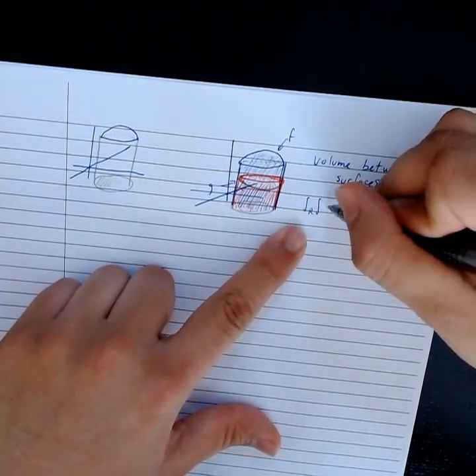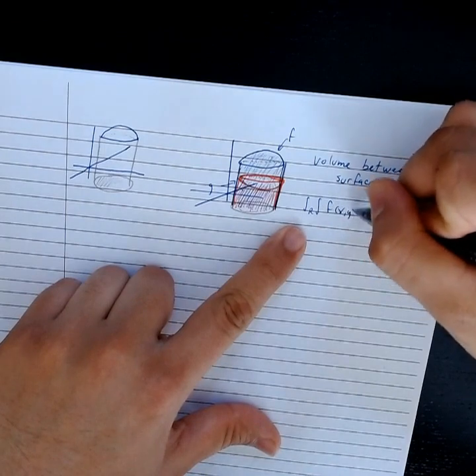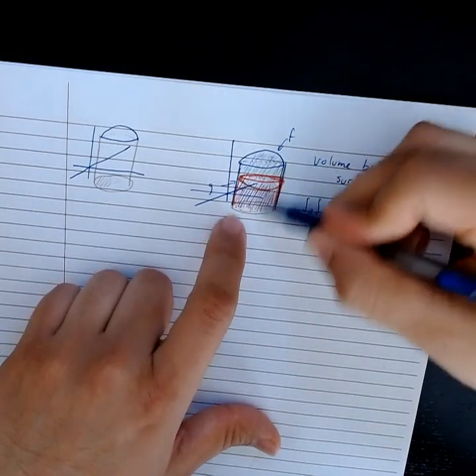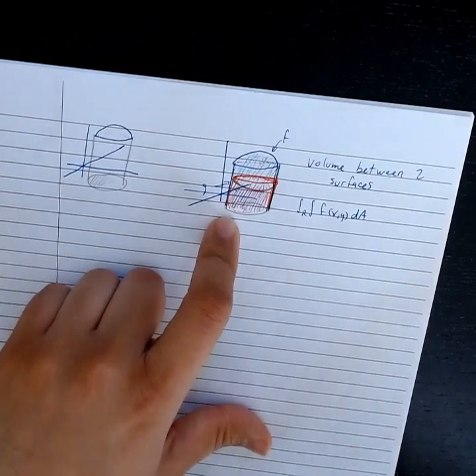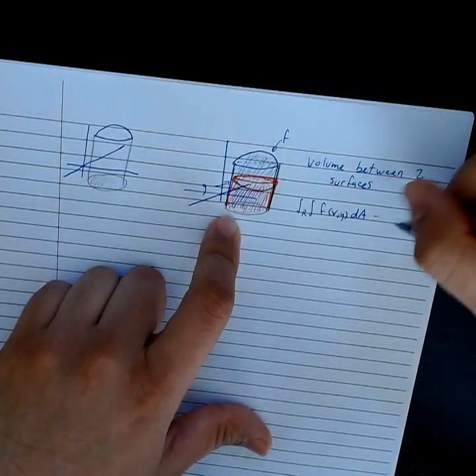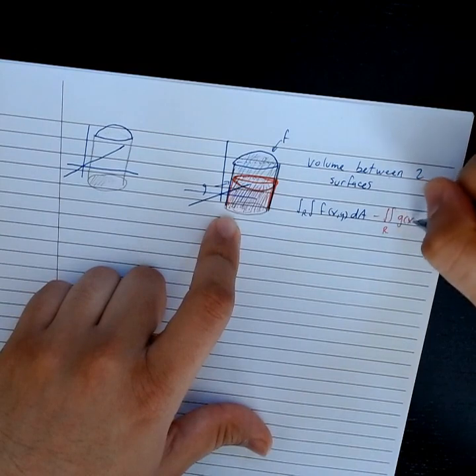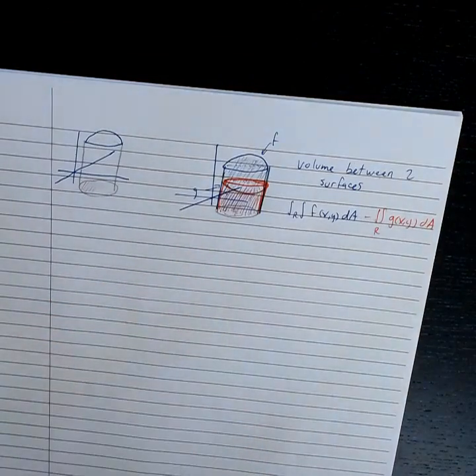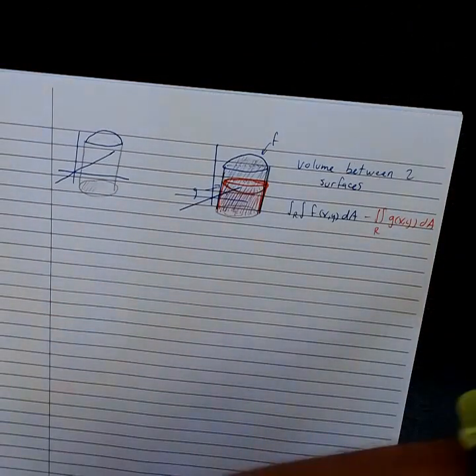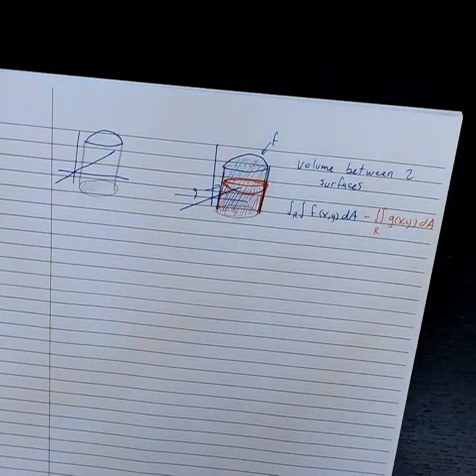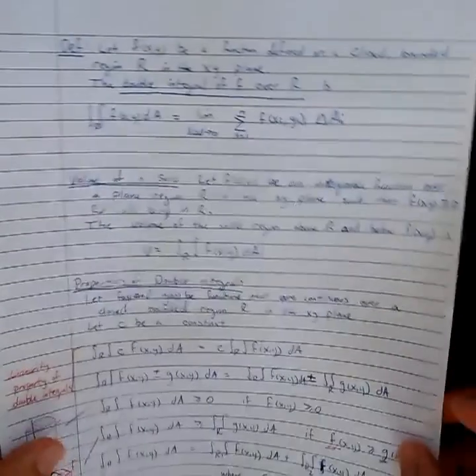Here I want the double integral of f of x comma y dA, because that's that blue one. But then I want to subtract away the double integral over the region R of g of x comma y dA. Okay. But if you go back to a previous page, you'll see that one of our properties allows us to make that nice. It's linearity.